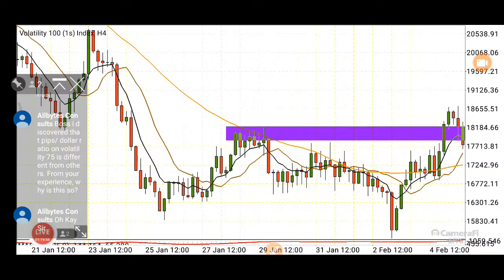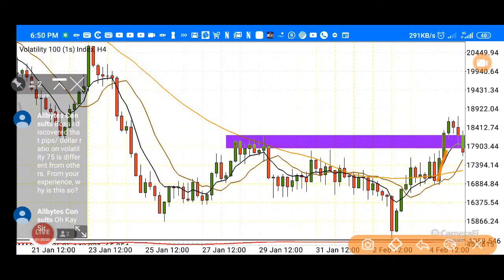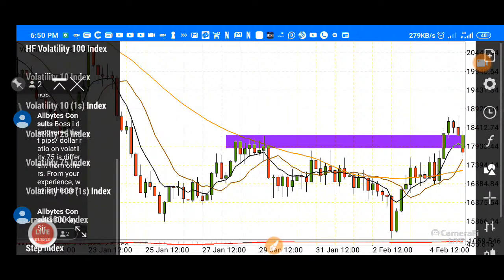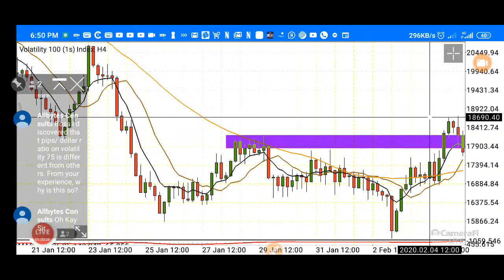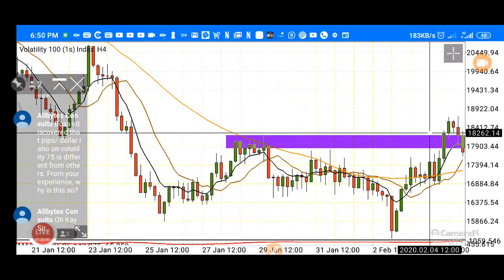So see what happened here. The market was coming up, then broke out immediately. Remember we are on H4. As for aggressive traders, what do you do? Here you buy at this level, then you look for somewhere here maybe to TP. But you can see that almost immediately after you bought, it went up a little bit. By the time the price is above here, lock your profits.